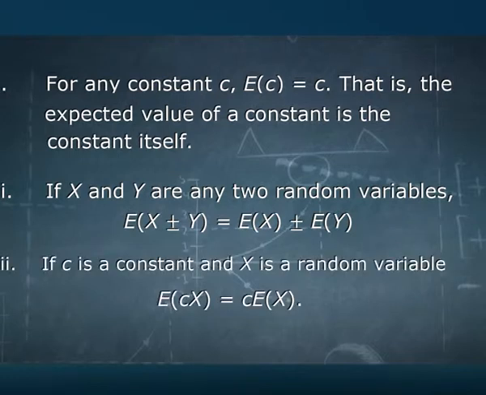Third thing, if c is a constant and X is a random variable, then the expected value of c times X will be equal to c times the expected value of X. That is, the expectation of a constant times a random variable is the constant times its expectation.